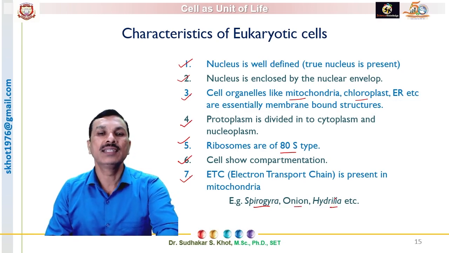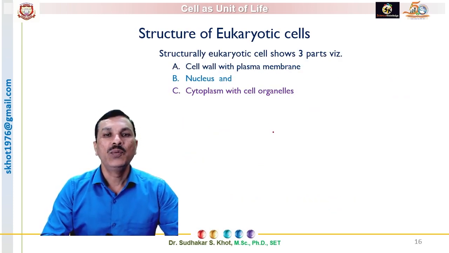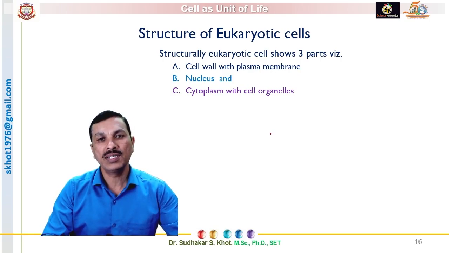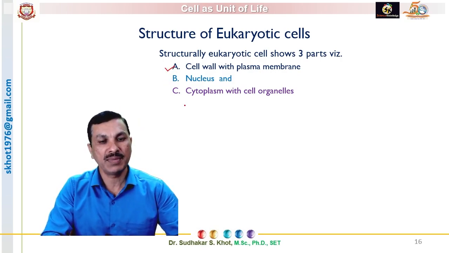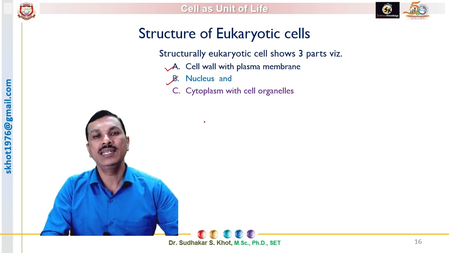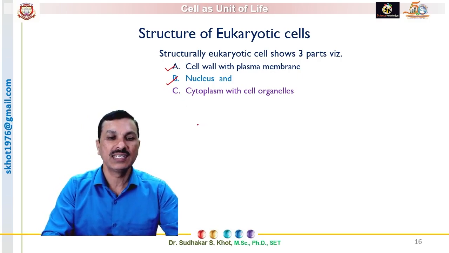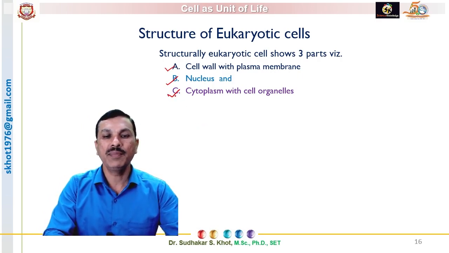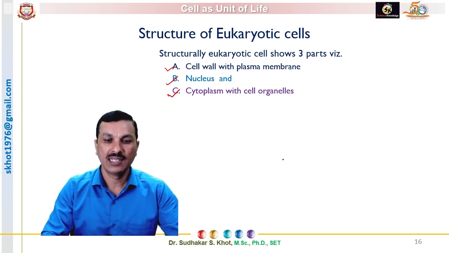Now let us see the structure of the eukaryotic cell. We can divide the structure of the eukaryotic cell into three broad groups. The first group includes the cell wall and cell membrane, the plasma membrane. The second broad cell organelle is the nucleus, the characteristic true nucleus of the eukaryotic cell, and the remaining matrix, that is the cytoplasm along with the cell organelles.